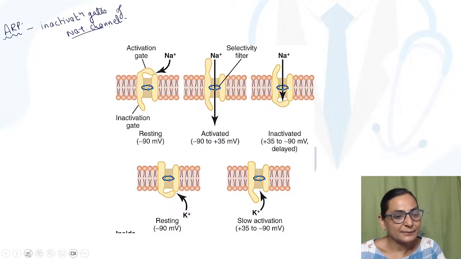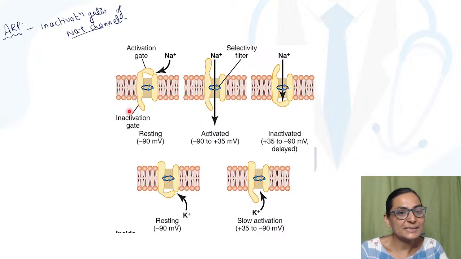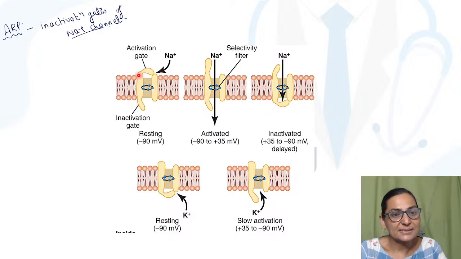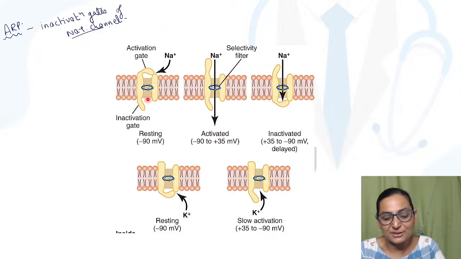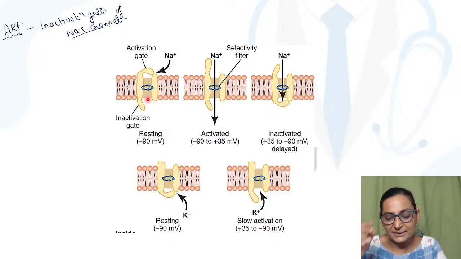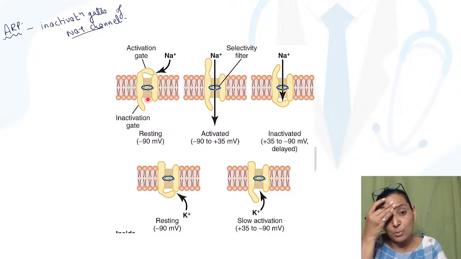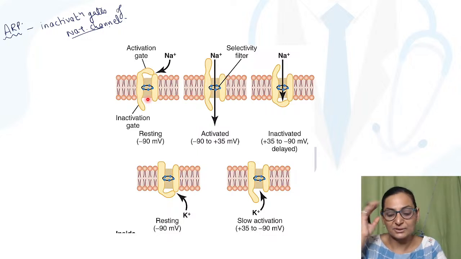You can see that this is the sodium channel which has got two gates, one facing towards the ECF बाहर की तरफ activation gate, और एक अंदर की साइड towards the ICF or the cytosol is the inactivation gate, right? Remember, activation gate A always active, ऐसे याद रख सकते हैं हम, but it is the inactivation gate which is much more important. ठीक है, it is the inactivation gate which is much more important and not the activation gate.